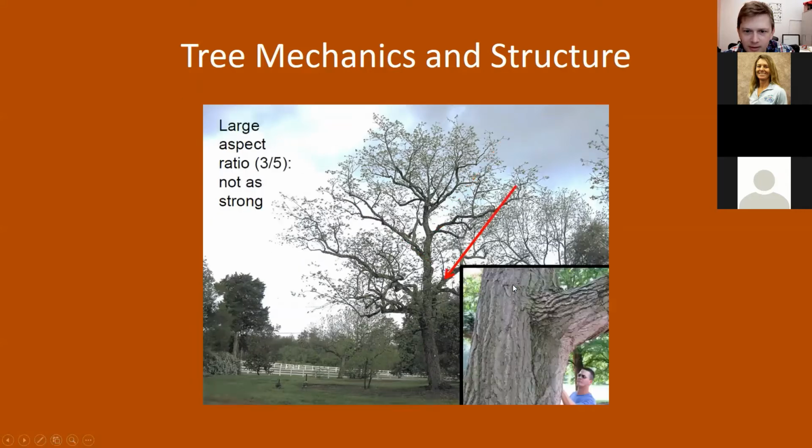A branch with a large aspect ratio is anything 3 to 5 or bigger, and these unions aren't as weak. I'll try to demonstrate it to you, and you can try this with branches yourselves. If you find little branches and try to pull apart two branches or stems that are pretty much the same size, it doesn't take a lot of force. If you find one that has a small branch connected into a larger branch, it will.